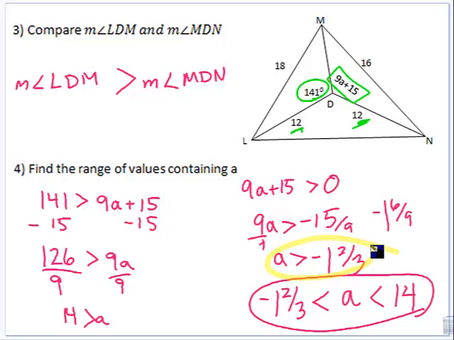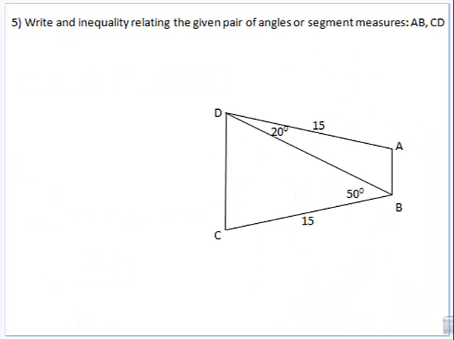All right, let's look at another one. Write an inequality relating the given pair of angle or segment measures, AB to CD.